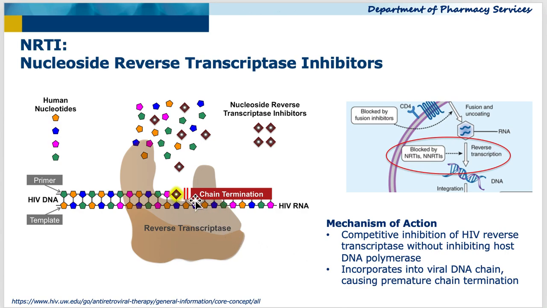Once you see the structure for these agents on the next slide, you'll get a better understanding of how and why they work. So, long story short, they compete, they bind where the next nucleotide would bind during DNA transcription, and they essentially stop the transcription from happening.